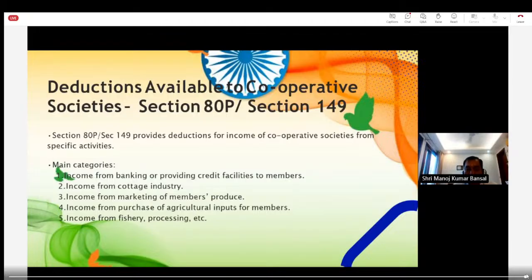Amul is there. I understand every Indian is aware of Amul, and you'll be surprised to know that turnover is more than 1 lakh crore with Gujarat Cooperative.